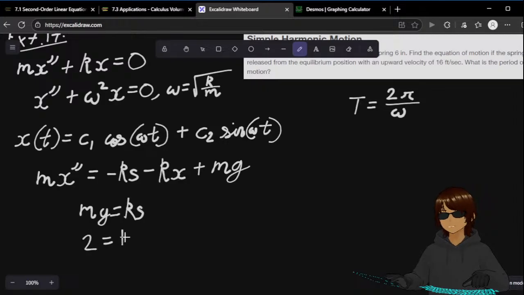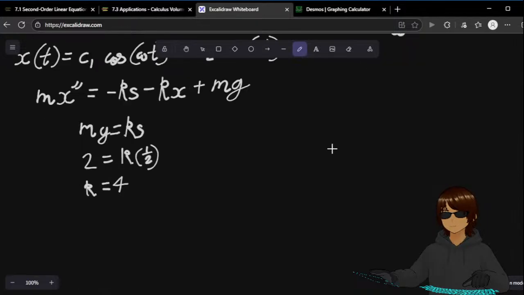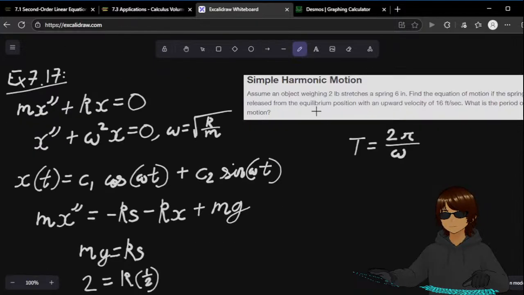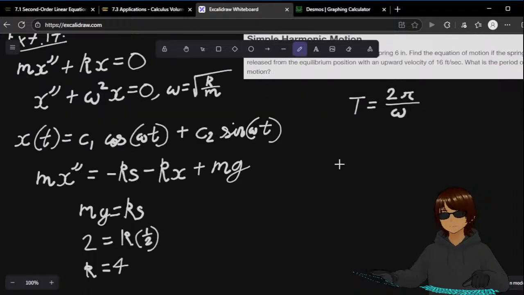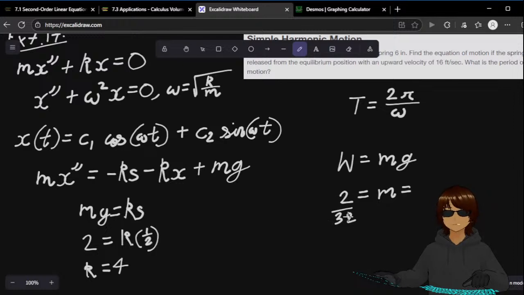So 2 equals k times s, so k is 4. And then the weight is equal to mg. The weight is 2 pounds. Pounds, then feet per second squared.